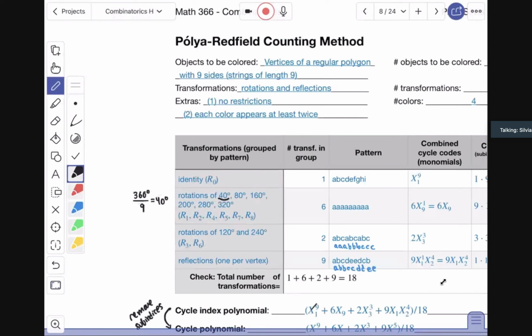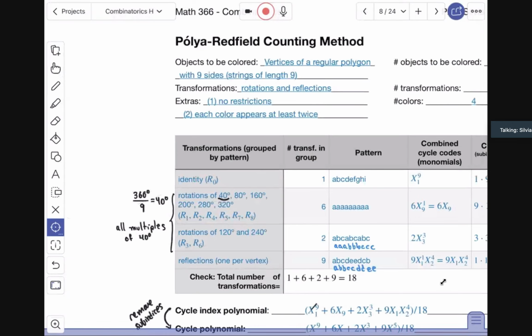And then you have all multiples of 40 between 0 and 360, because otherwise we are repeating, right? So multiples of 40 degrees. But as I explained, some of them give you one type of pattern, and others give you a different pattern. So you need to figure out which ones are which.